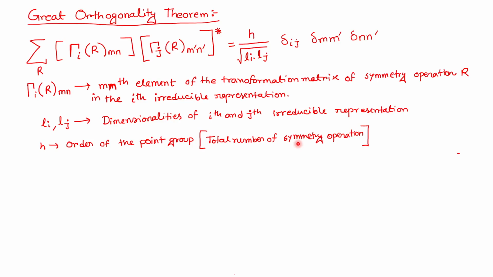That means m and n: m tells you about the row, and we have all transformational matrices, right?